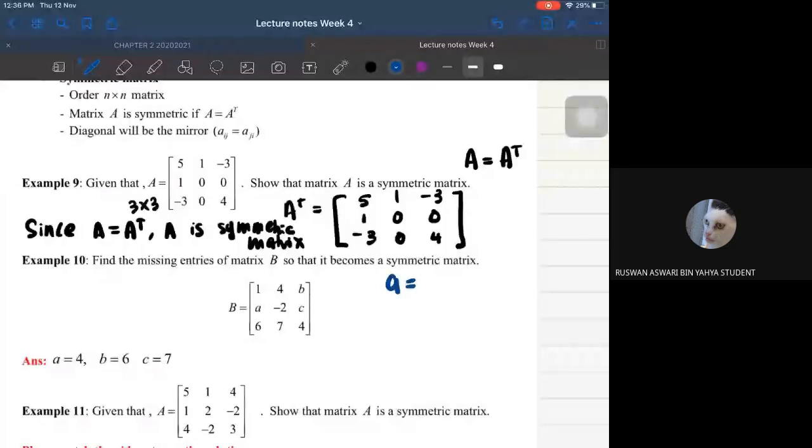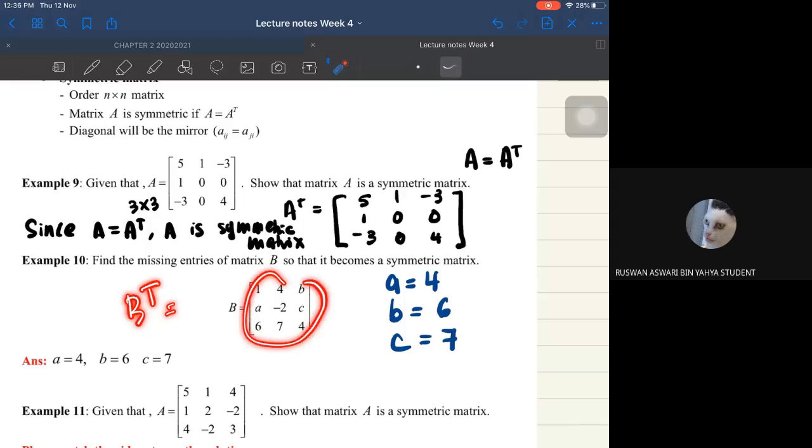A is equal to 4, betul? B is equal to 6. C is equal to 7. Okay, so apa? Sebab kita kata diagonal ni mirror kan. So benda atas ni akan sama dengan bawah ni, atas ni sama dengan bawah ni. Okay, kalau you tak nampak juga, you carilah B transpose and you compare. So you akan dapat nilai A tu 4, B tu 6, C tu 7.